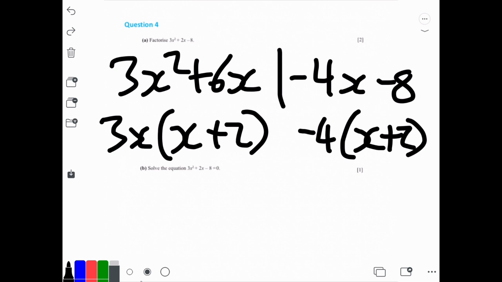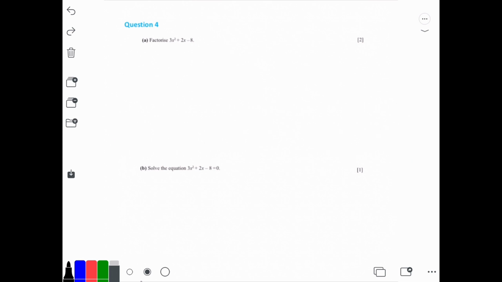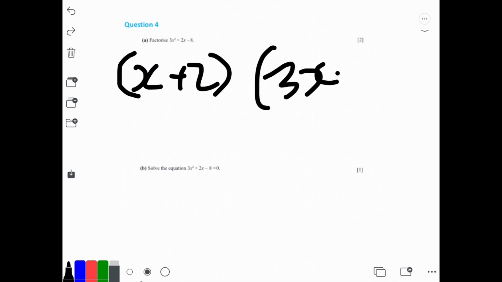Then from here, to get the factorization of the original equation, one of our factors would be what's inside both parentheses, which would be x plus 2, and our other factor would be joining the two parts of what is outside the two parentheses, which would be 3x minus 4. And that would be our answer.